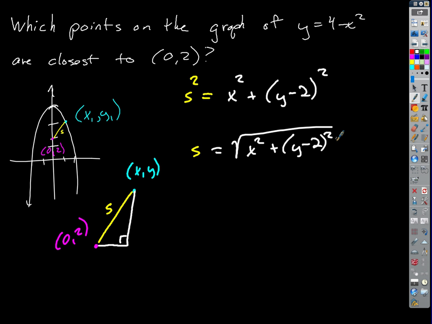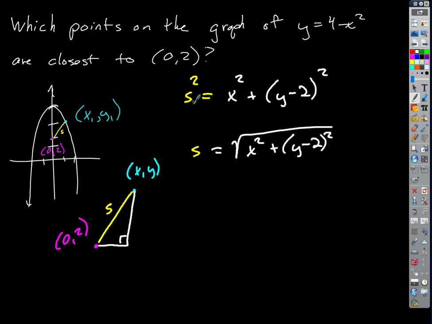So would it be easier to minimize the square of distance or distance? Distance can't be negative, it can only be 0 or positive, and any non-negative number squared is also non-negative. So the minimum for distance should also be the minimum for the square of distance, shouldn't it?